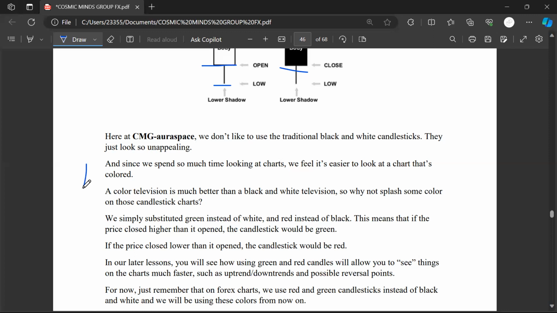Since we spend so much time looking at charts, we feel it is easier to look at a colored chart, like watching TV. It's convenient, lively, and very nice. We simply substituted green for white and red for black. This means that if the price closes higher than its open, that candle will be green, and vice versa for red.